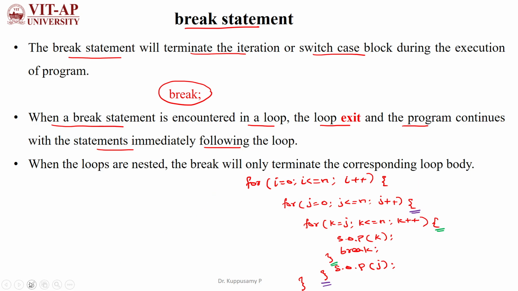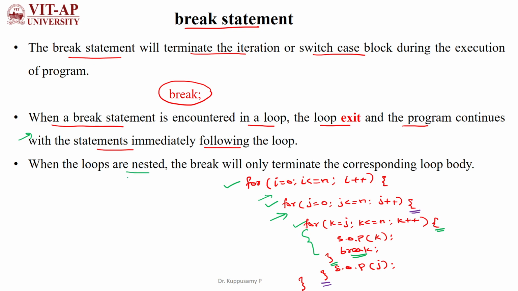For example, here you see we have a for loop with i, a for loop with j, and a for loop with k. When we apply the break inside the k loop, only that loop will exit, and the j and i for loops will continue the execution. So that's what is given here.